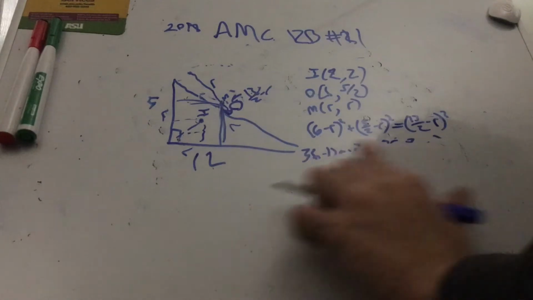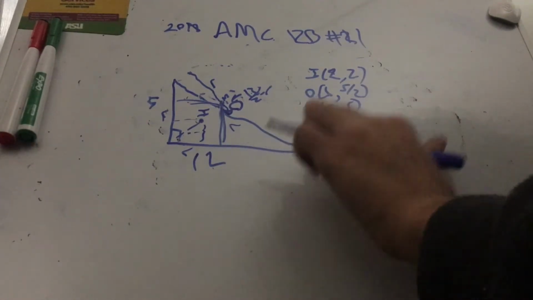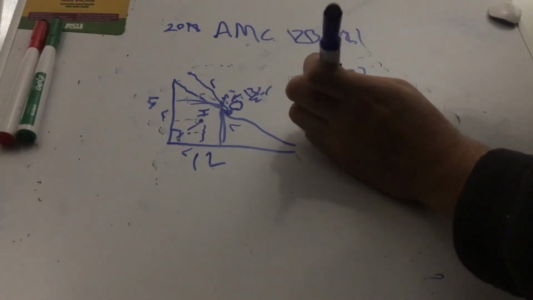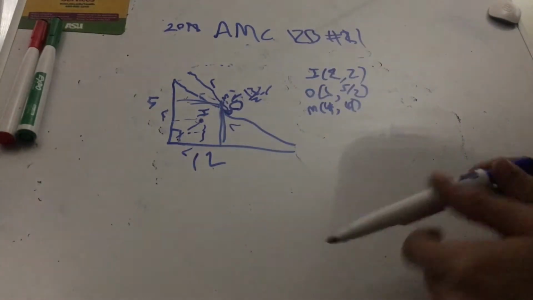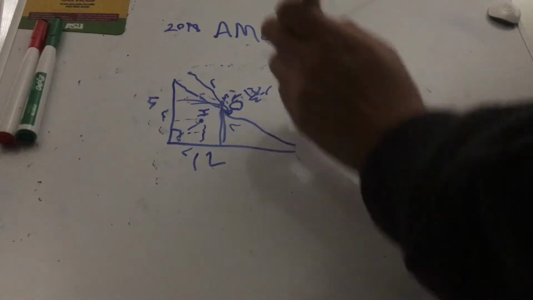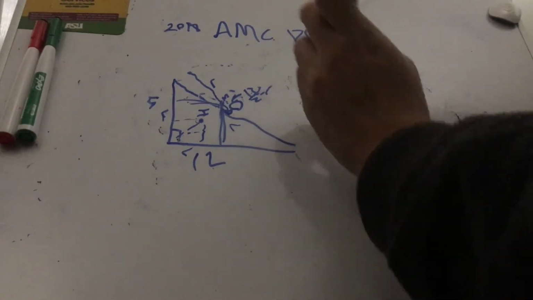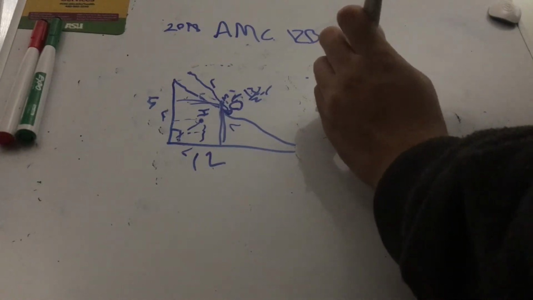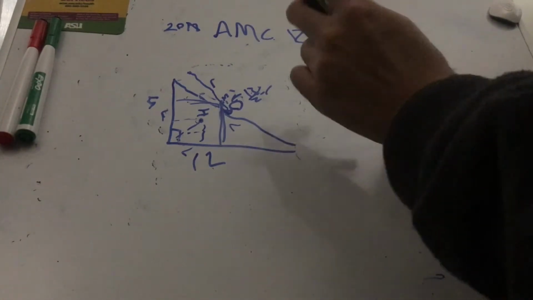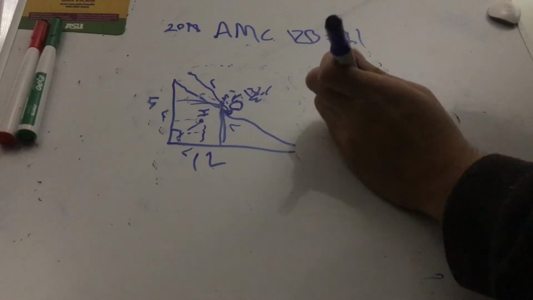So we have (2, 2), (4, 4), and (6, 5/2). I'm not sure about you guys, but this really makes me want to do shoelace. For those who don't know, shoelace is a way of finding the area of a polygon given the coordinates of all its vertices.